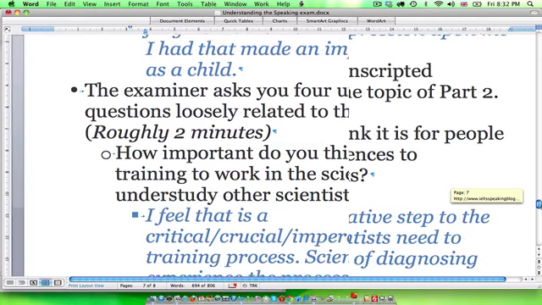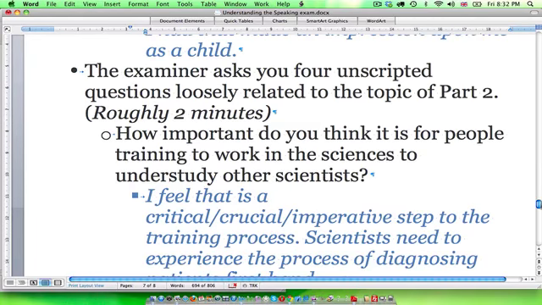Okay. The examiner asks you 4 unscripted questions loosely related to the topic of part 2. So now we're getting 4 new questions, and these will also be related to the topics that have come before, but they're starting to branch out a little bit more. For example, how important do you think it is for people training to work in the sciences to understudy other scientists?